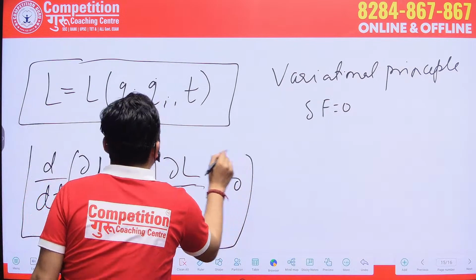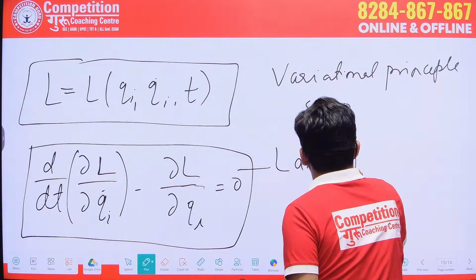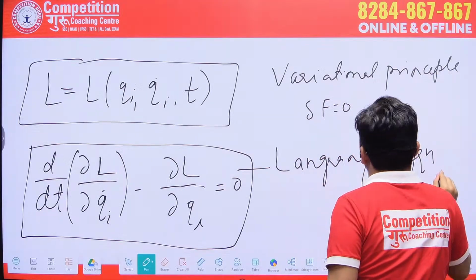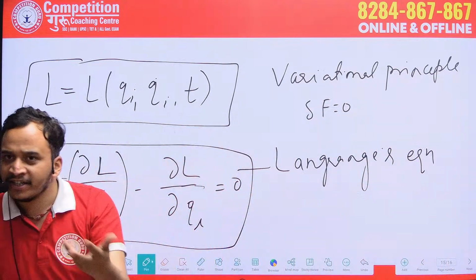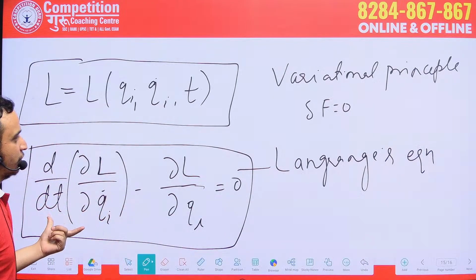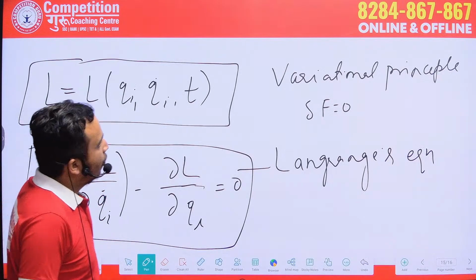Here there is no dot. This equation is called the Lagrange equation. In Lagrangian dynamics, instead of using Newton's laws of motion, we use this equation. Okay, thank you.